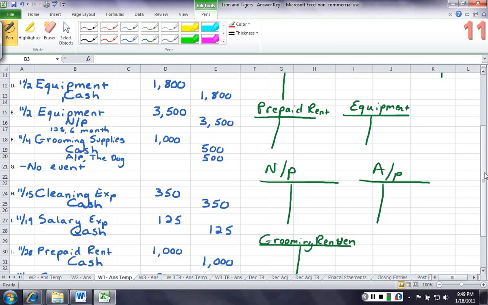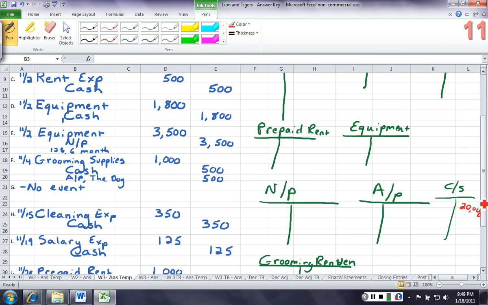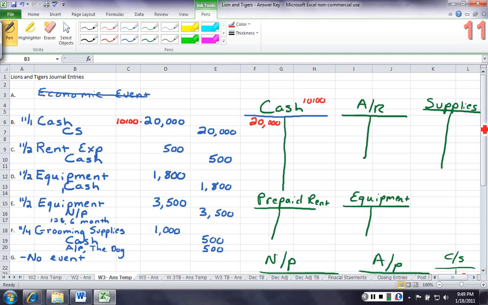Now I forgot to include common stock here, so let's just draw that in small. I'm going to write 20,000 here because I have to post the second half of this entry, and I'm going to come back here and this is my signature that I've posted.